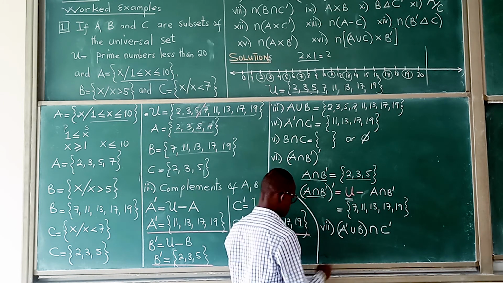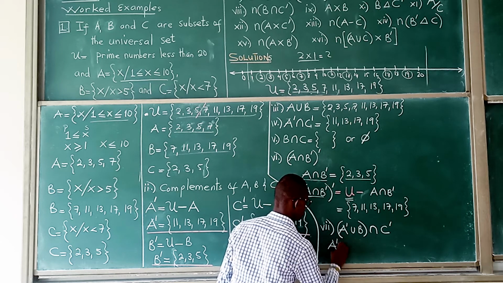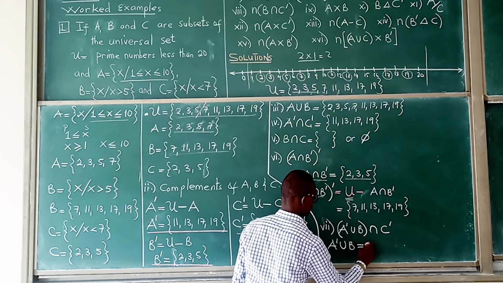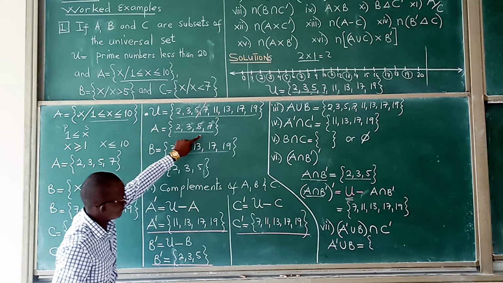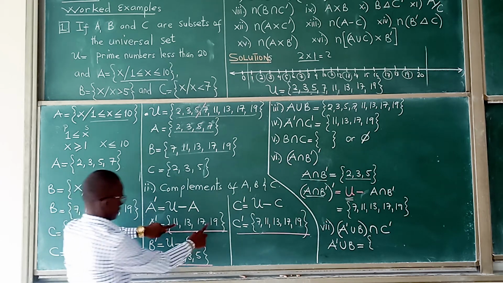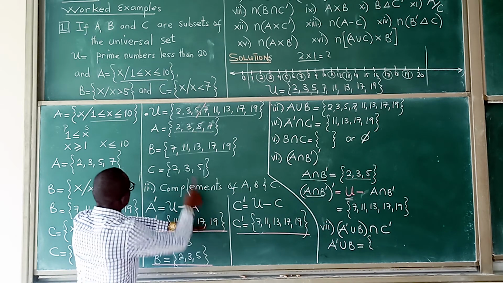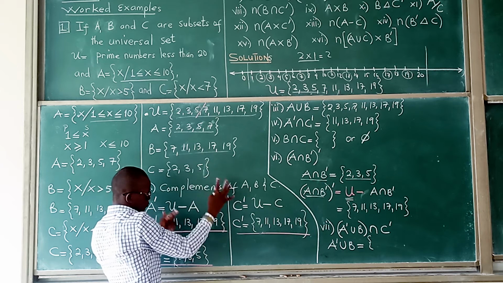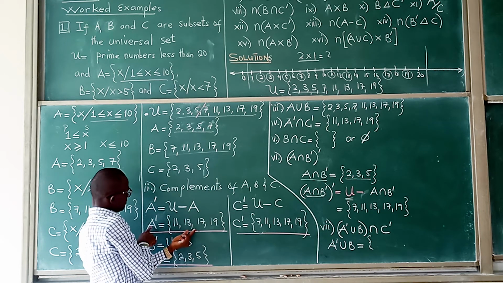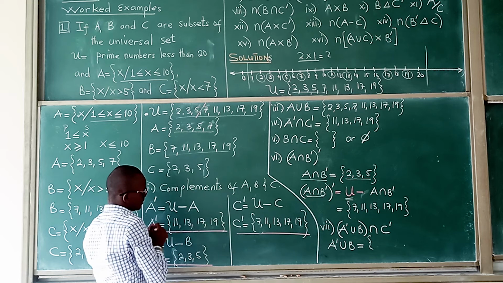So we first find A prime union B. Here is set A prime, and then this is set B. So set A prime and set B, we must put them together. That's a union.